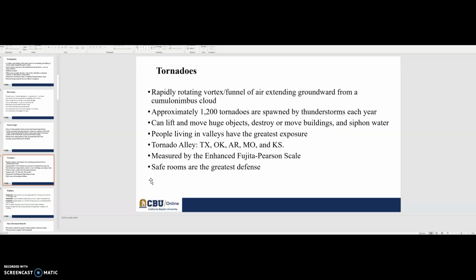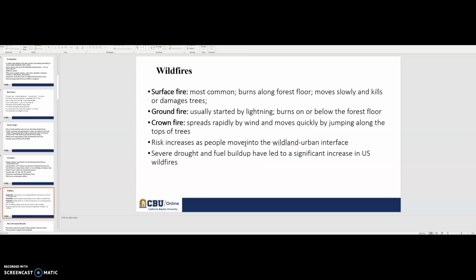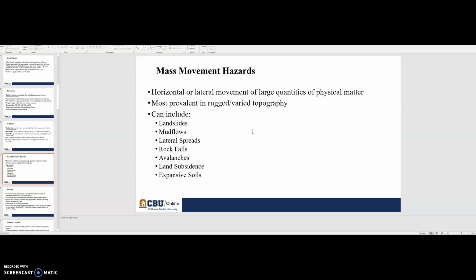You have tornadoes, which have already come through. You've got wildfires, which are starting to peak here in Southern California. I know they've got a couple of fires in the LA area that took off over the weekend. You have mass movement hazards: landslides, lateral spreads, rock falls, avalanches.